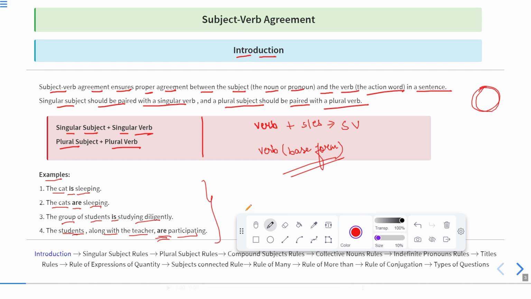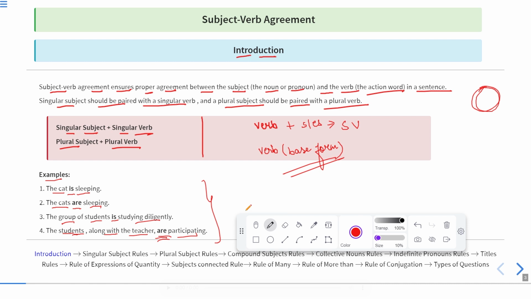When the subject is plural, the verb should be plural. So we should always look for the subject, whether it is singular or plural. To recognize the subject, that is very important. And the identification of the subject, we have already discussed in the starting sessions of English grammar.